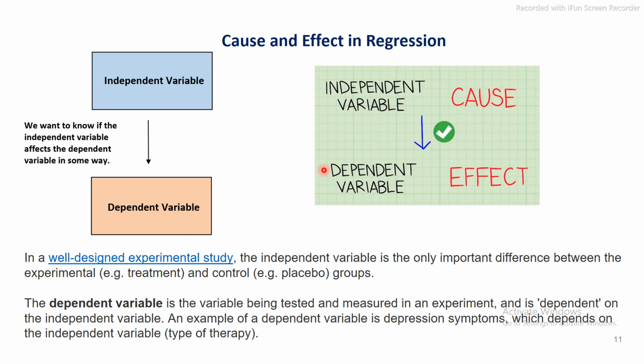So cause and effect is there. The causality part is there in regression. Just remember there is also some causal effect in regression analysis. Independent and dependent variables will behave in a certain direction. That is why it is linear. If it is non-linear, it will follow some polynomial graph.